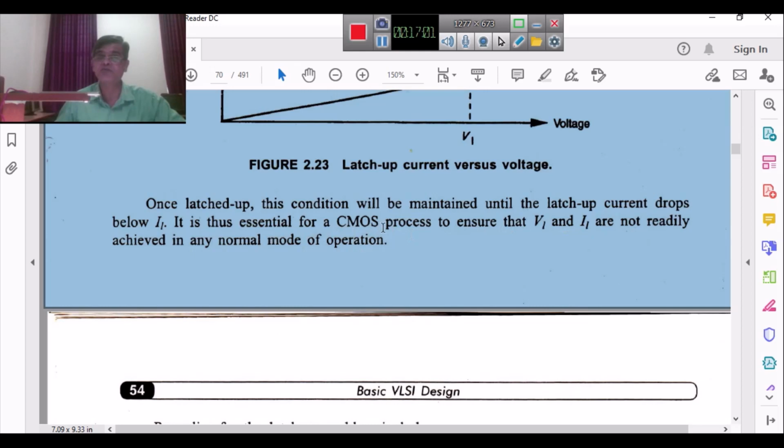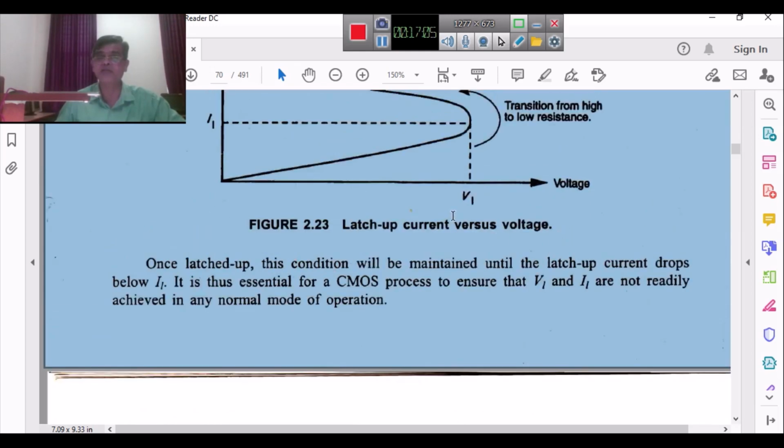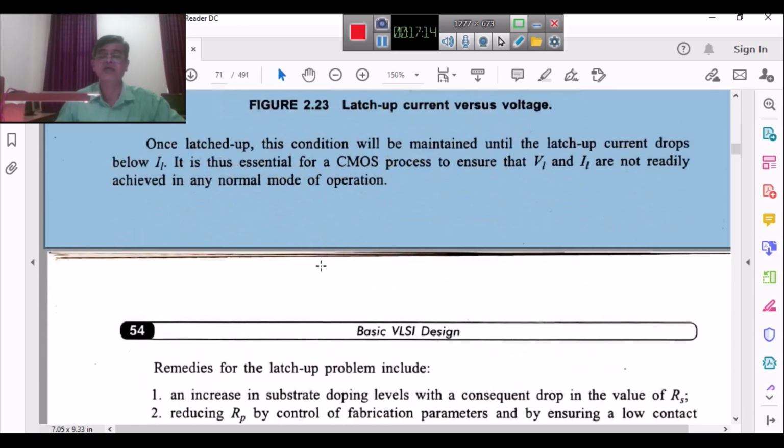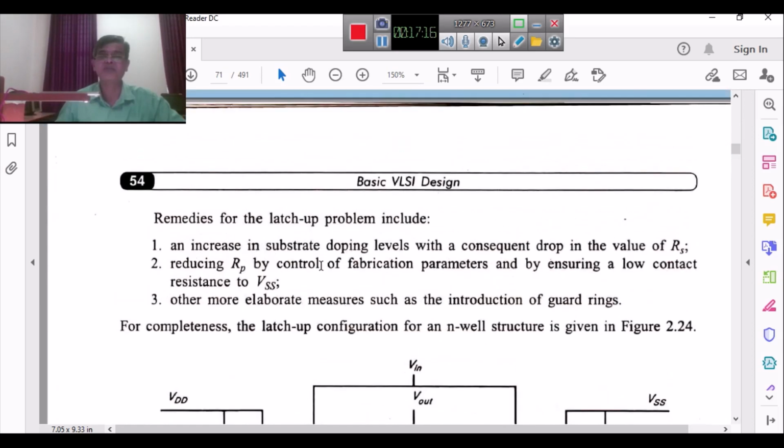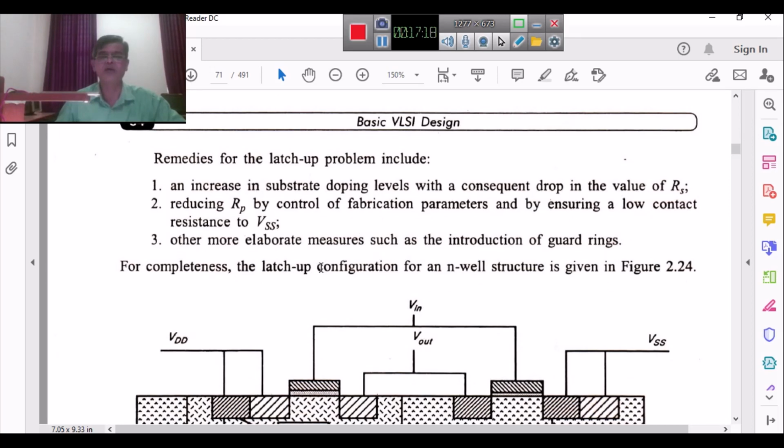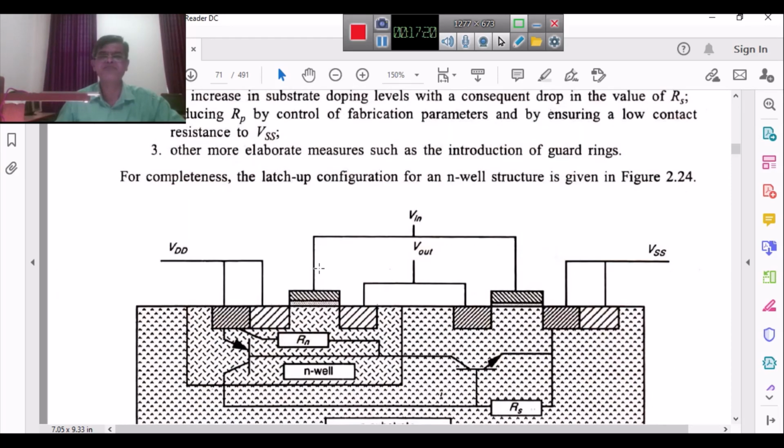We should ensure that the CMOS operates at a voltage that never exceeds VL, and the current should not exceed the latchup current. But that is not possible because incident radiations and glitches sometimes we cannot avoid. So latchup will occur.